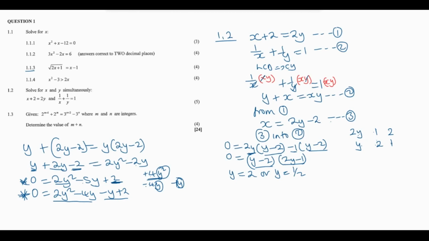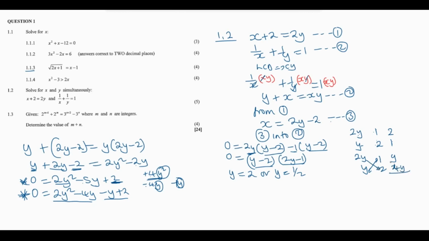If I say 2y times 1, I get 2y. y times 2, I get 2y. Then 2y and 2y will give us 4y. So this one is out. So we're taking these two. 2y, y, and then 1, 2. Cross multiply. y times 1, that is y. Then 2y times 2, that is 4y.